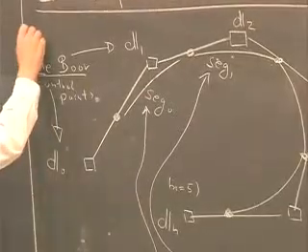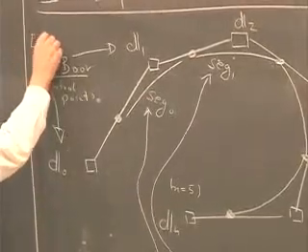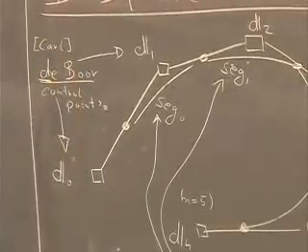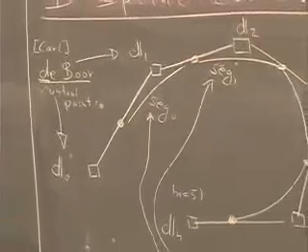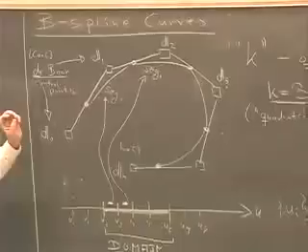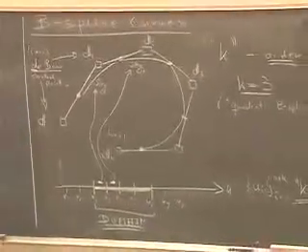That goes back to Carl de Boor. These are the defining elements for a B-spline curve of order 3.